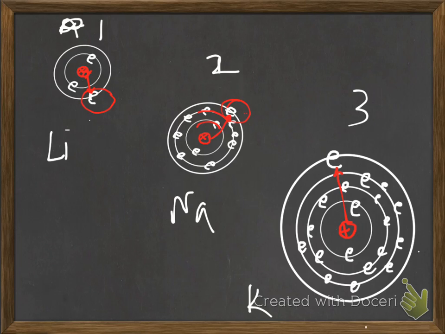Remember we said these got fluffier as you went down, partly because this potassium is not able to hold that outer electron as tightly as this lithium does. Well, if you can't hold your outer electron very tightly, you're quite likely to lose it. And that tends to make you more reactive, more prone to compound formation and just reactivity in general.